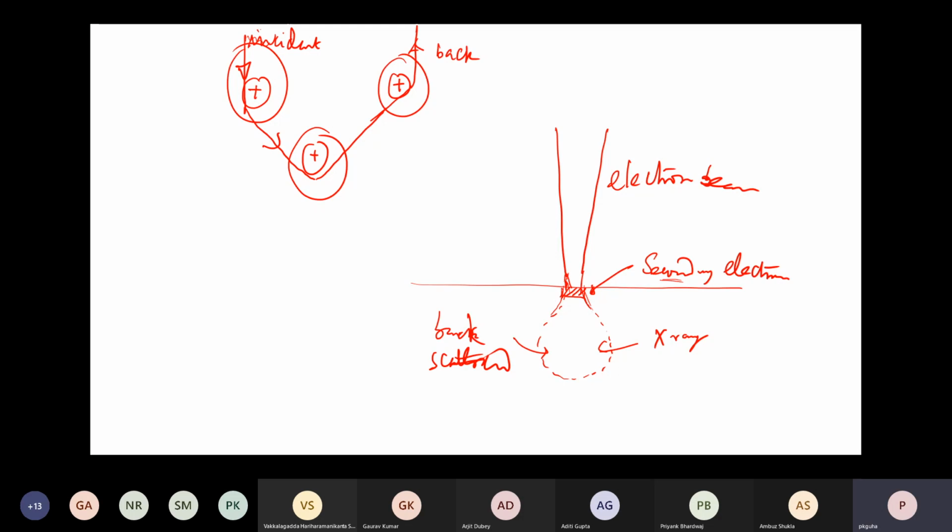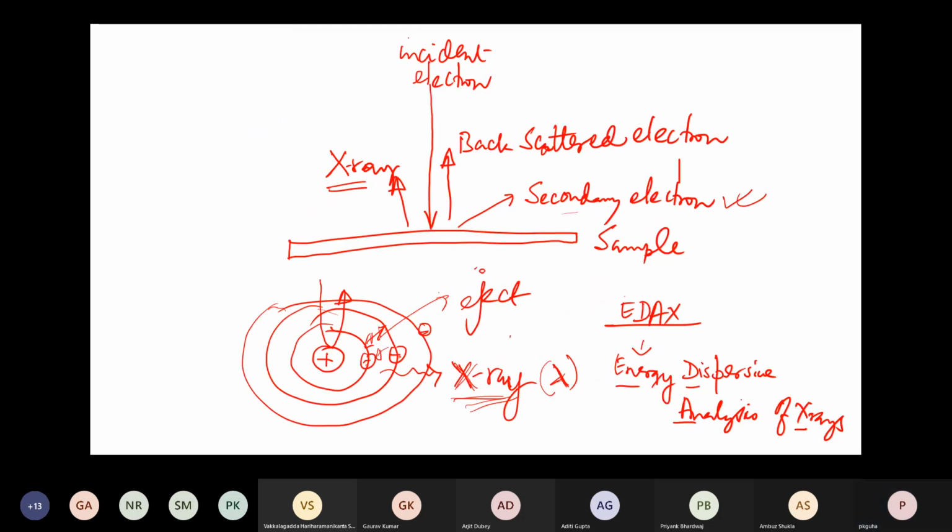Now, the backscattered detector will be here, very close to the beam, whereas the secondary electron detector is very close to the sample, because secondary electrons are very low energy. If you keep it somewhere else, the detector will not be able to capture these secondary electrons.